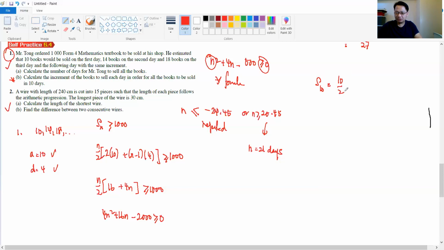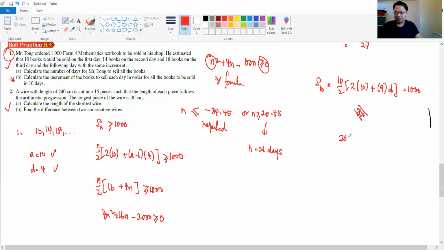So 10 over 2 times [2a, a is 10, plus (n minus 1)], 10 minus 1 is 9, times d, we don't know, equals 1,000. So we simplify. So the d we are supposed to get here, expand everything. Let me show you the expansion.